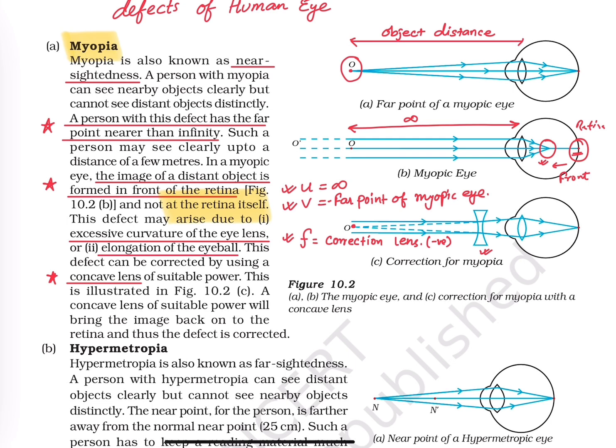Okay, so let us now take an example of myopic vision. This will be a numerical, and in the numerical we will understand how we can solve a numerical based on myopic vision.